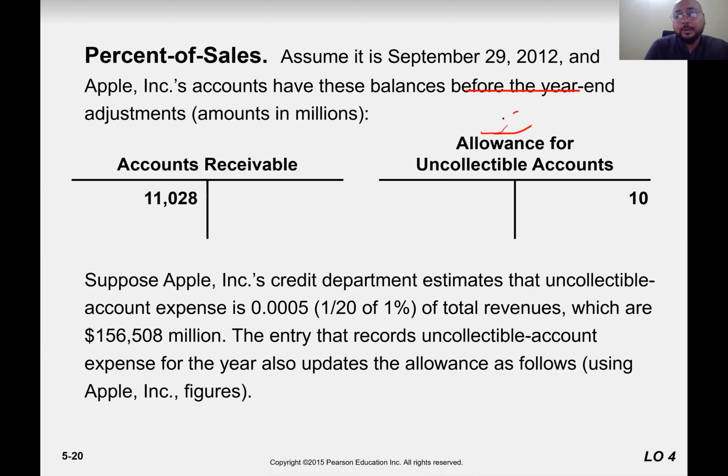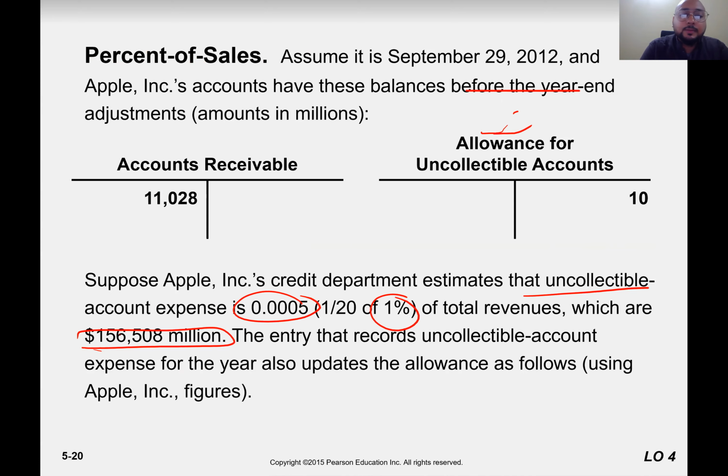So here we go. Suppose Apple credit department estimates that the uncollectible accounts are 1%, or 0.005, of the total revenue. Your total revenue is 156,508 million.